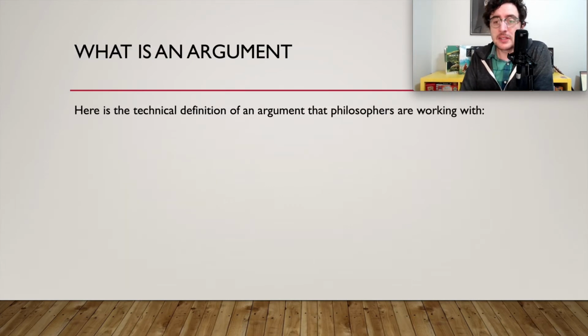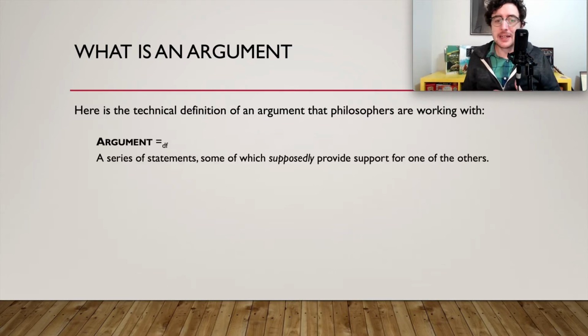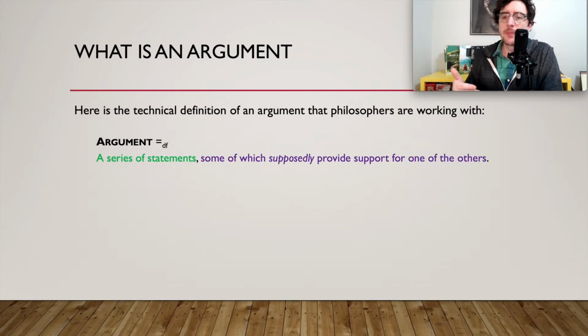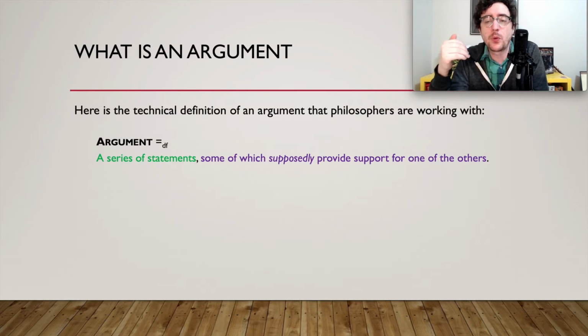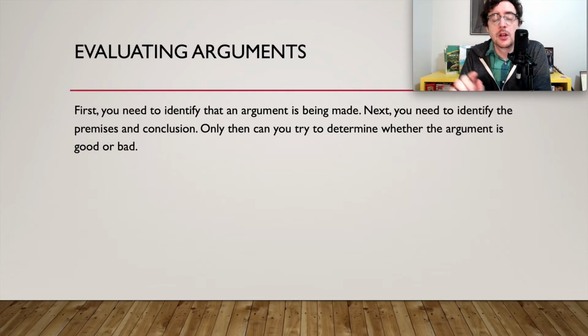So remember the technical definition of an argument that philosophers are working with. An argument is a series of statements, some of which supposedly provide support for one of the others. There are those two components. It has to be a series of statements, and some of those, the premises, have to supposedly provide support for one of the others, the conclusion. Now, in evaluating arguments, obviously the first step is just to make sure that an argument is being made.